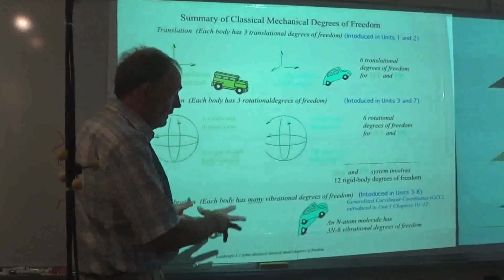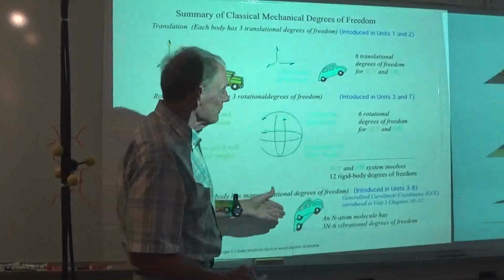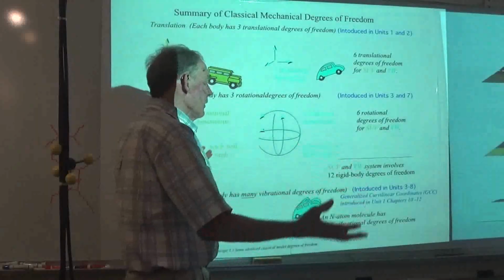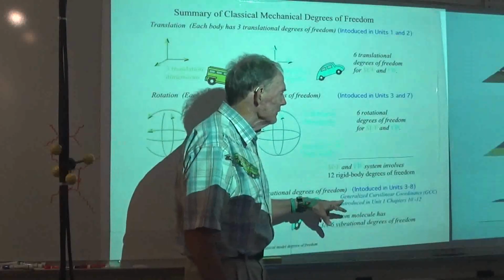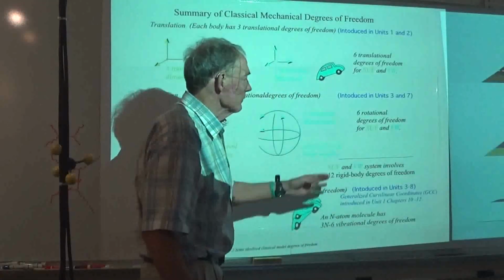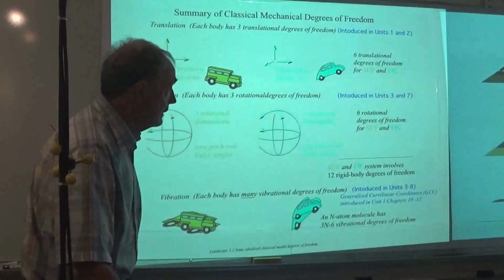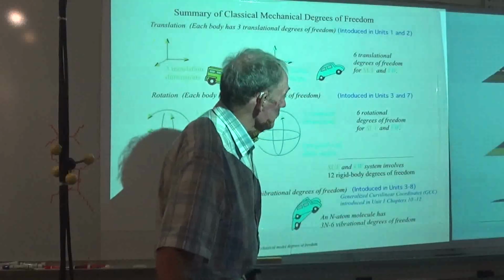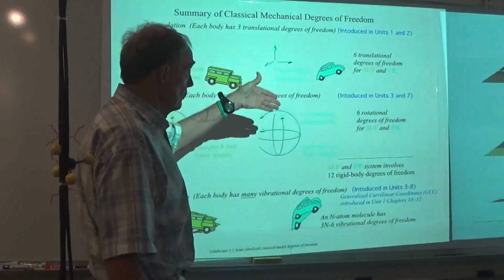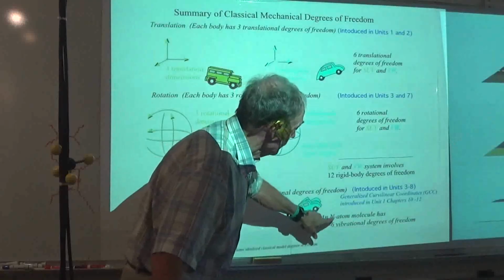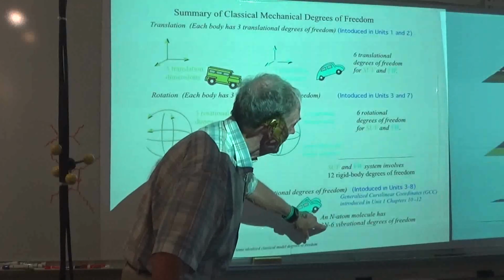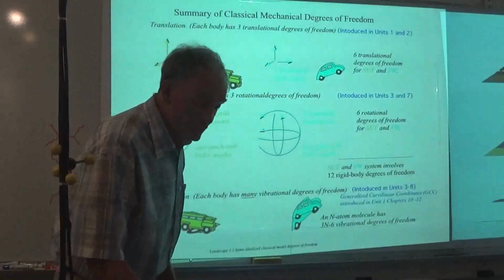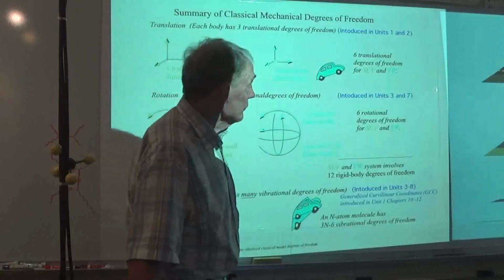And finally, these objects have enormous numbers of vibrational modes. They have just plain fall-apart coordinates for all of the atoms in them. That, of course, is taking this thing well beyond anything that you can calculate most of the time. But there will be 12 rigid body degrees of freedom altogether if that's all we have to worry about. And then whatever you have. So if you have an N atom molecule, it has 3N minus 6 degrees of freedom, is the word you'll see talked about when this is done.